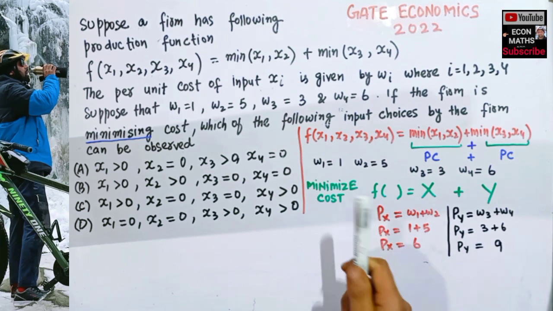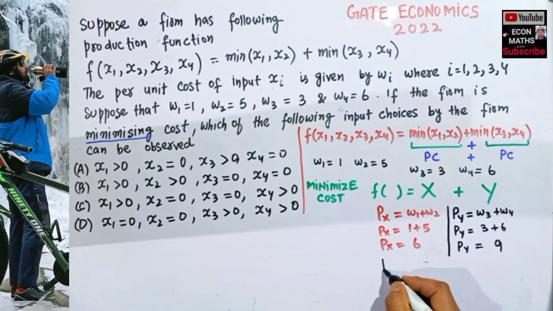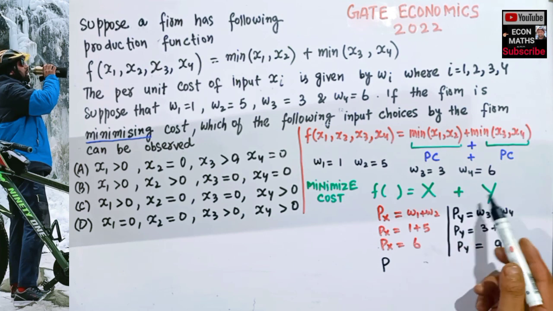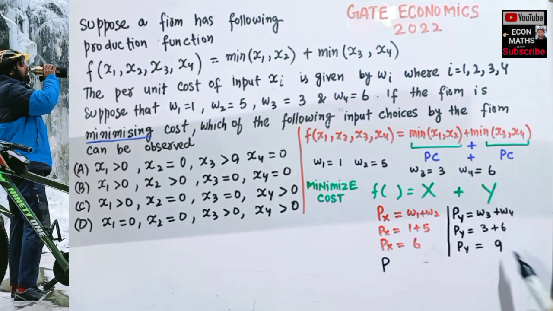Since the firm is trying to minimize cost, and we have this perfect substitute function, we need to find out which of these two choices the firm will make. Here we have seen the price of X comes out to be only 6, and the price of Y comes out to be 9.